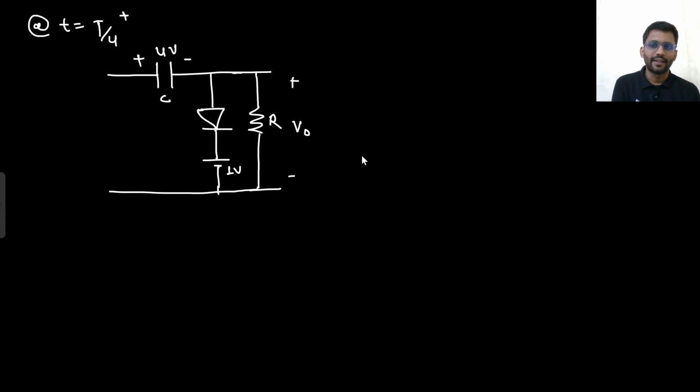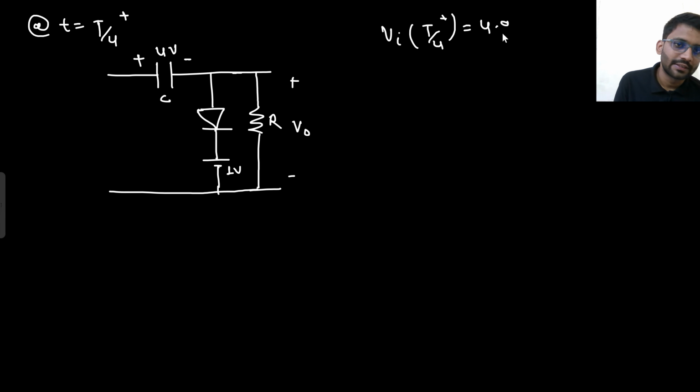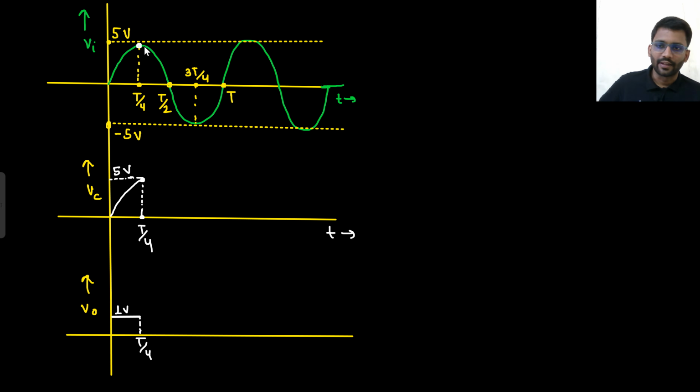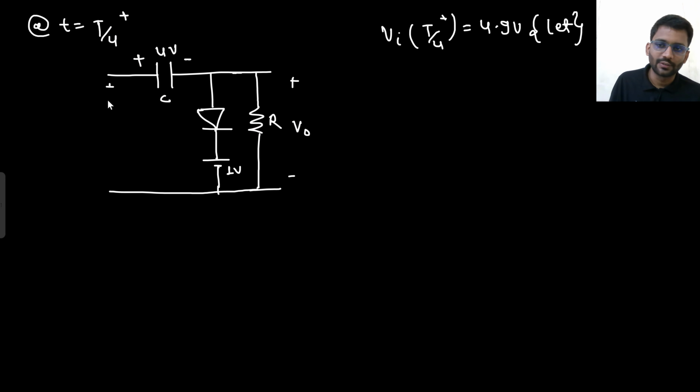Let's assume at t by 4 plus, Vin is 4.9 volt, somewhat lesser than 5 volt. So if this voltage is 4.9 volt, 4.9 minus 4, this voltage will be 0.9.